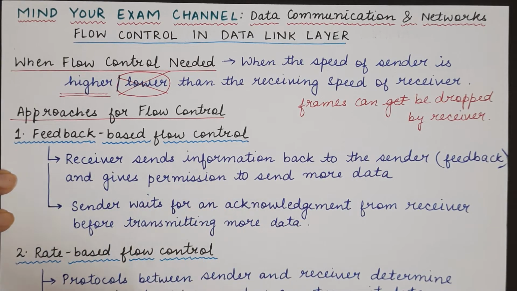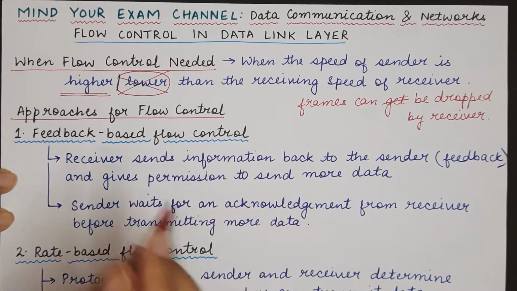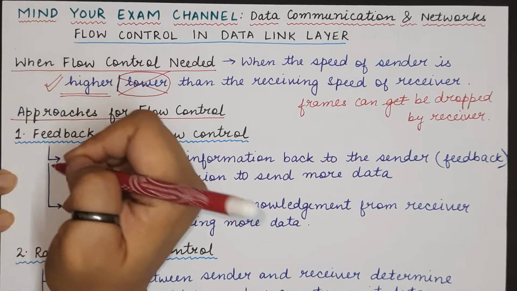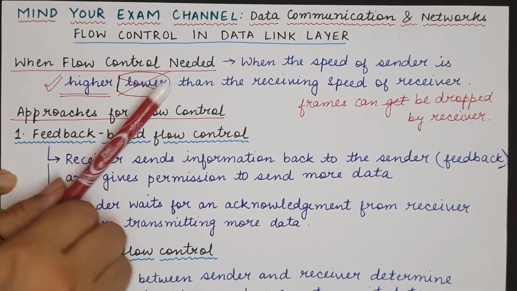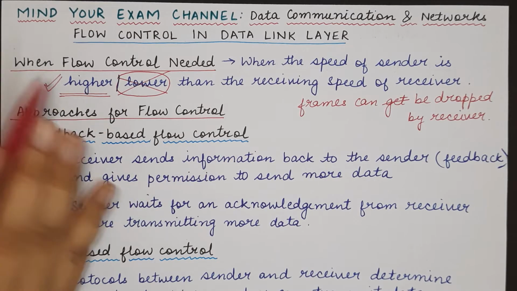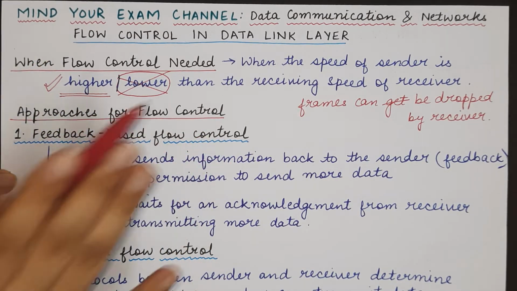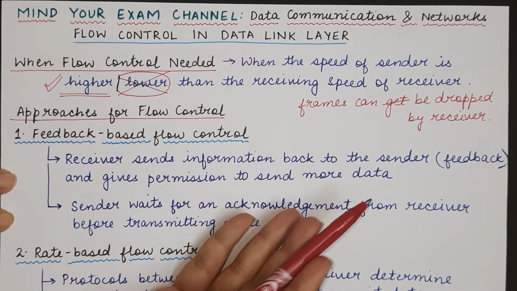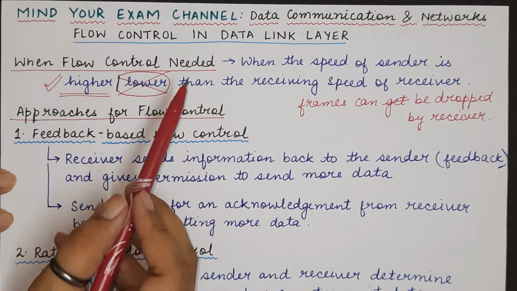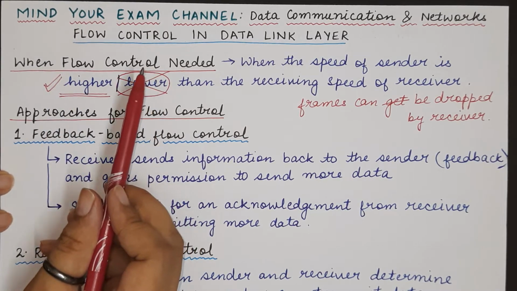So there is no need for flow control. This is a very big mistake students make while writing this definition: they write higher or lower, or that a difference in speeds requires flow control. No, only when the sender is operating at a faster speed do we need to adjust the speeds and perform flow control at the receiving end.